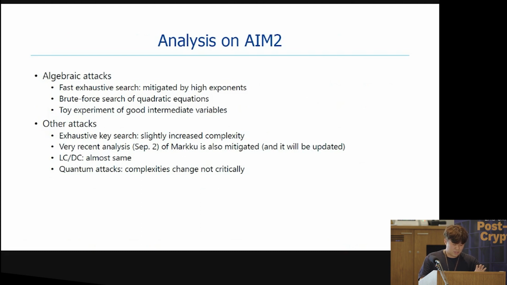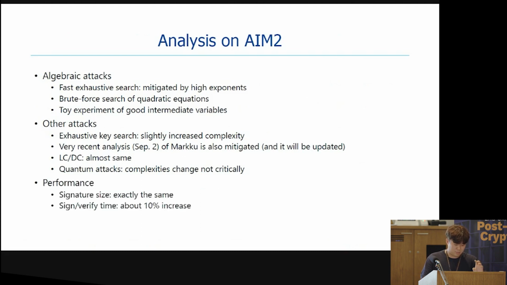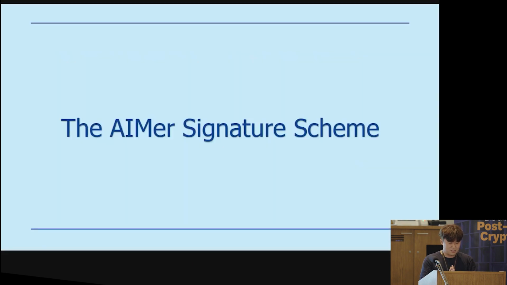Other attacks, there's no problem. For performance, the signature size is exactly the same, and signing and verifying time will increase by about 10%. A preliminary version can be found on our website now.